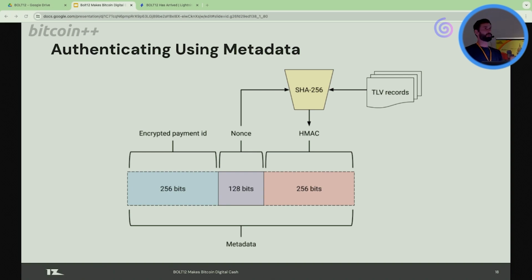That's a pretty straightforward way of having a derived signing pub key that's only used once based on that nonce, and verifying it statelessly. So that's a neat way of doing it. Some people may not want to derive a key in this manner. They might want to include their own key pair. In that case, they would take that HMAC and also include it in the metadata.